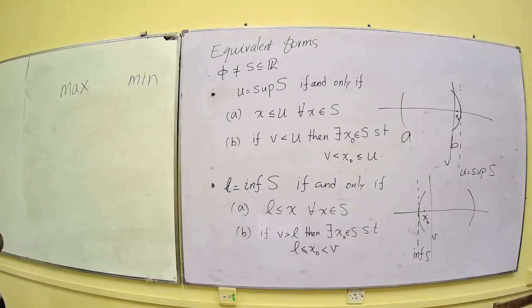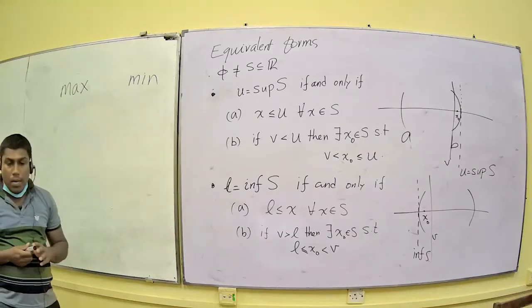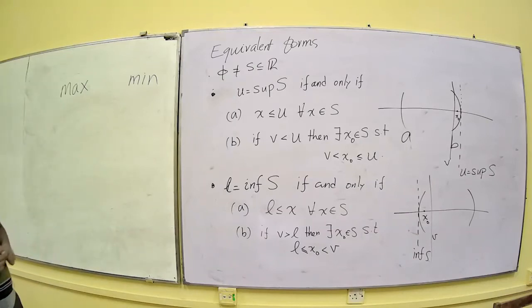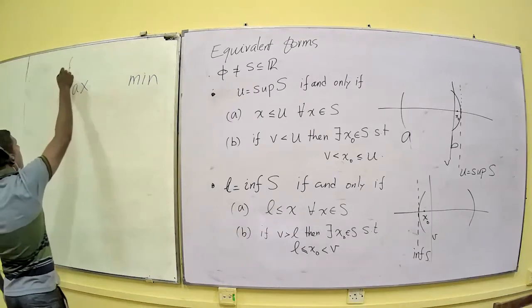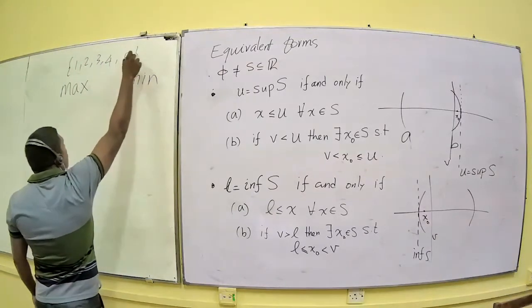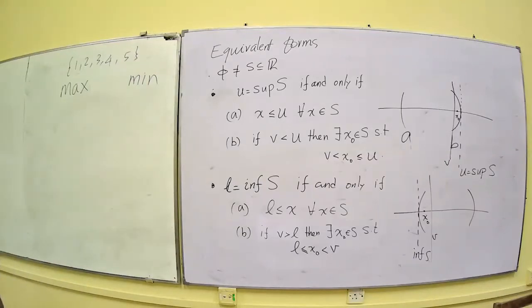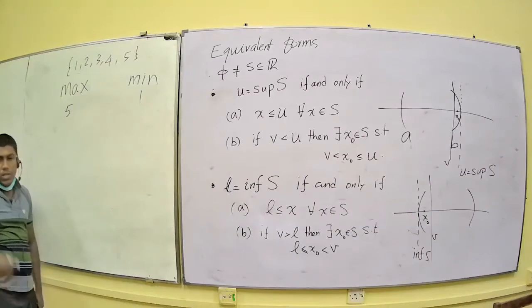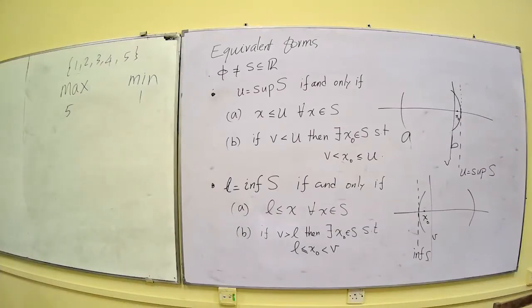So far, when I gave you a set, say for example, 1, 2, 3, 4, 5, you know maximum is 5 and minimum is 1 in the set. So you know that.